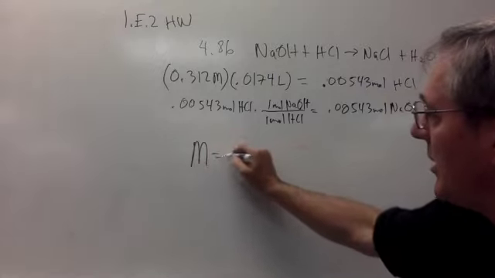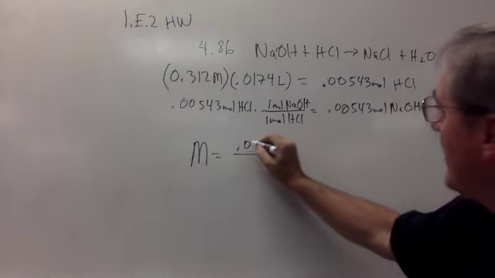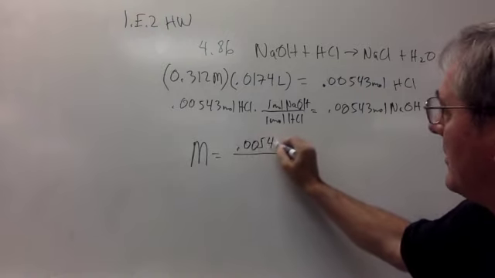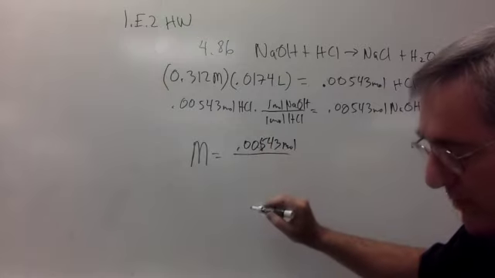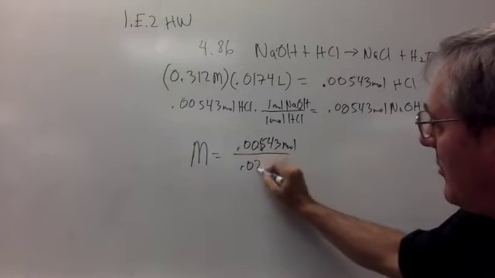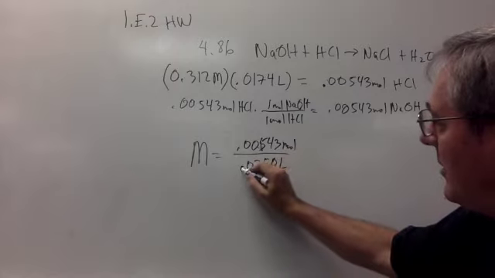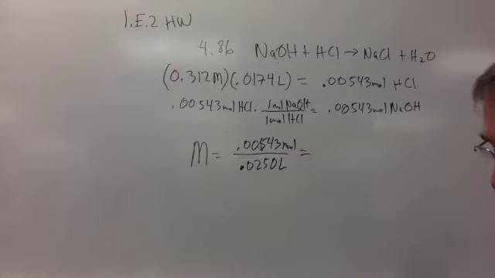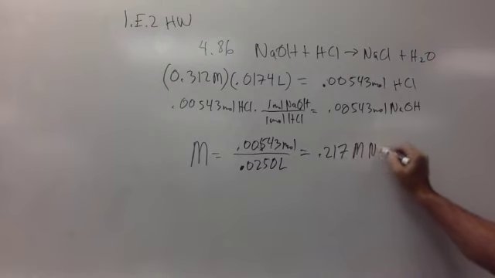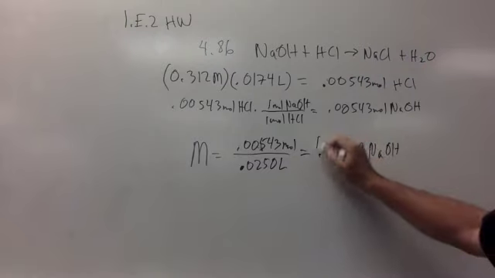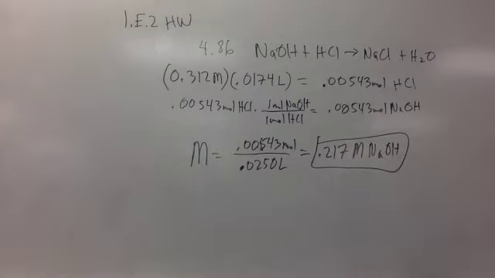Now to find its molarity, I need to divide its moles by its liters. 0.00543 moles divided by 0.0250 liters equals 0.217 molarity NaOH. Final answer.